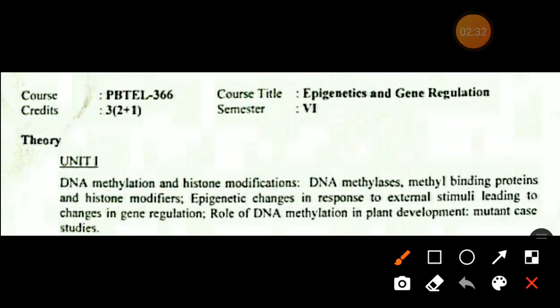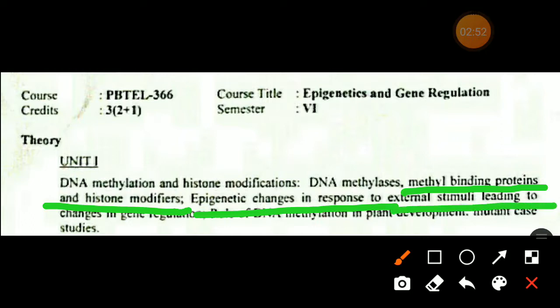In unit 1: DNA methylation and histone modification, DNA methylases, methyl binding proteins and histone modifiers, epigenetic changes in response to external stimuli leading to changes in gene regulation, role of DNA methylation in plant development, mutant case studies.